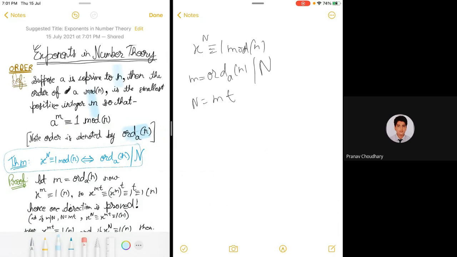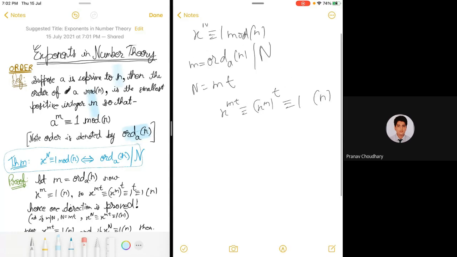So x to the mt is congruent to (x to the m) to the t, which is obviously congruent to 1 modulo n. Now, suppose x to the N is congruent to 1 modulo n and x to the m is congruent to 1 modulo n.